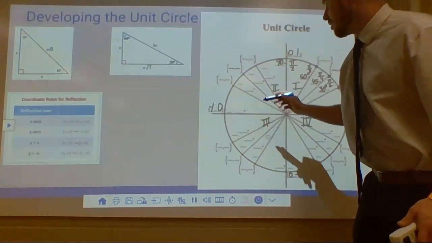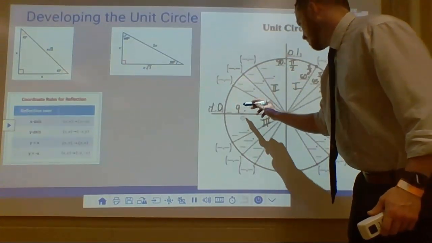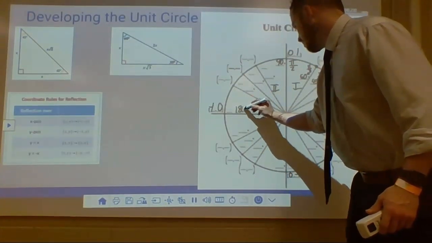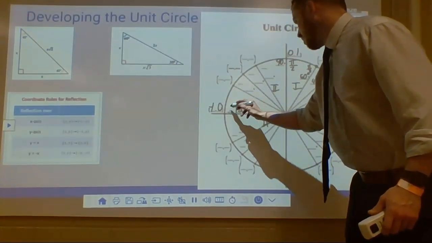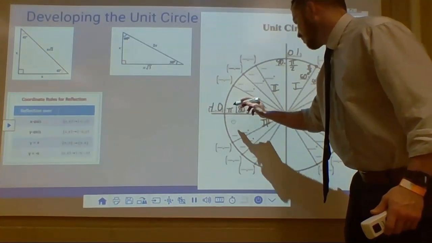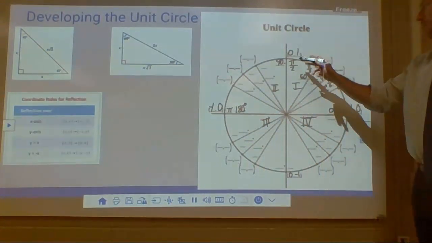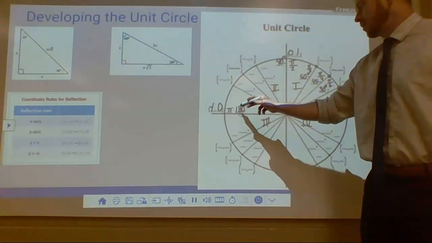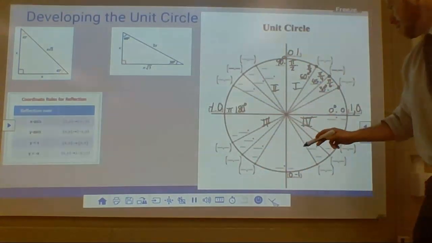Go over another 90 degrees. This is going to be 180 degrees. We've gone 180 degrees, and that's just pi radians, right? So we've got 90 degrees is pi over 2 radians, and pi radians is 180 degrees.